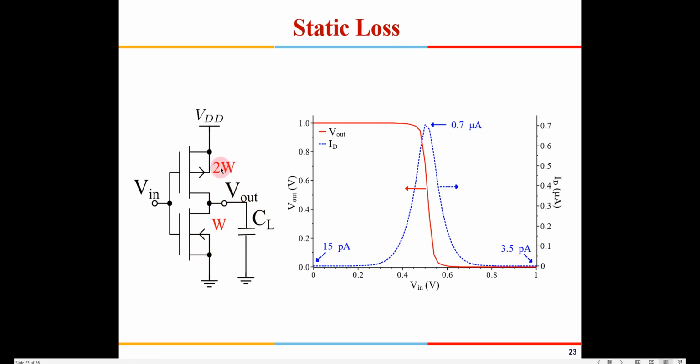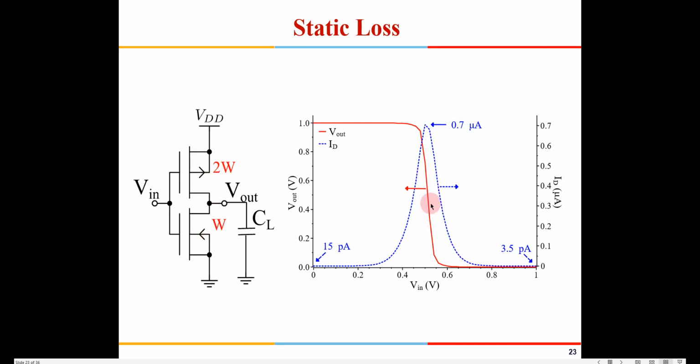And why am I using 2W here and W here? One reason is to keep the switching somewhere in between. You will find in the ID equation you have mu n and mu p, which is the mobility factor, right? So PMOS is much slower than the NMOS, and the total current is also lower.